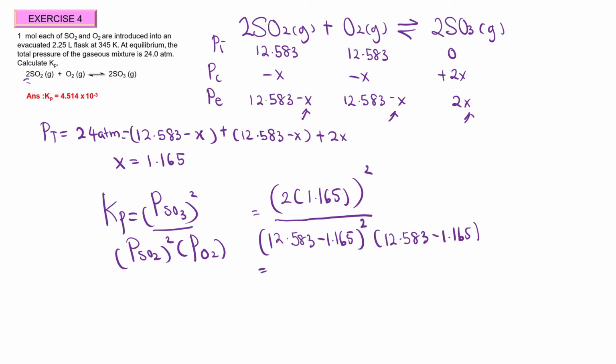Use your calculator, and then you will get 4.53 times 10 to the power of negative 3. So the final answer given is 4.51, so it is close enough. This one is 4.53 times 10 to the power of negative 3. Alright, so that's for exercise 4.